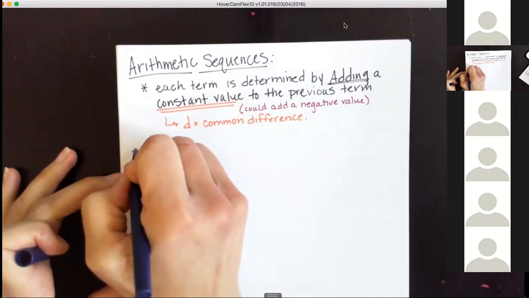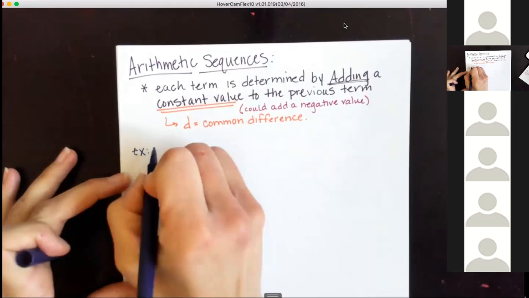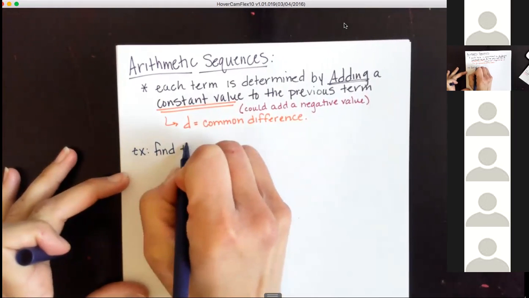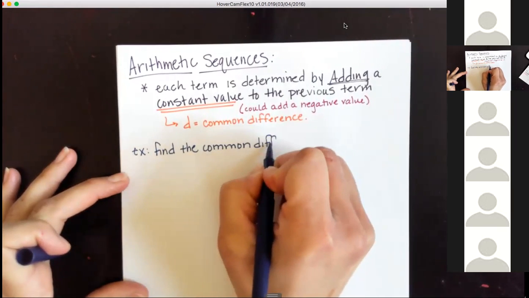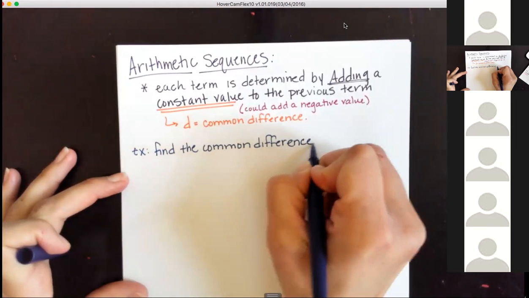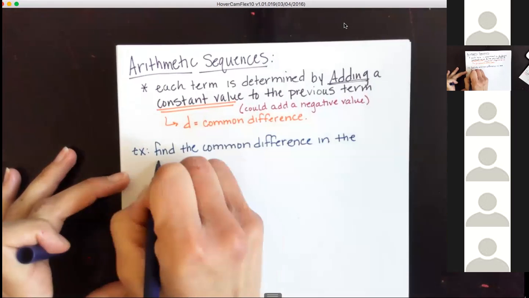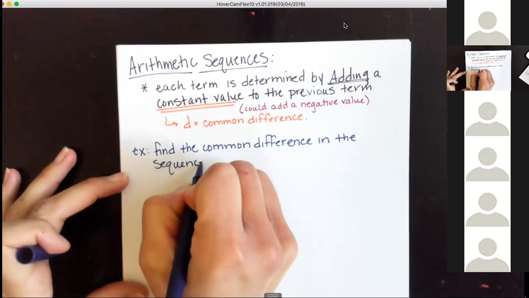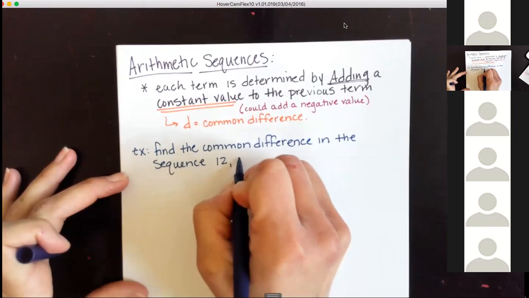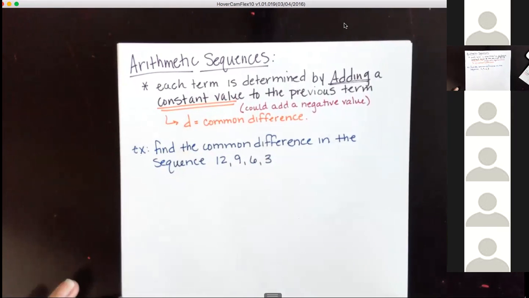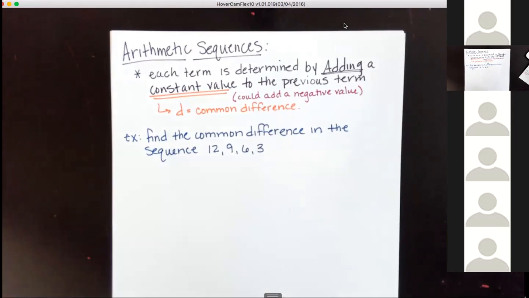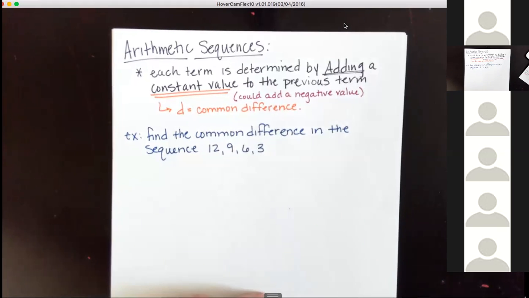So for example, first I want to point out, because this is something I took note to, when they ask questions, they're not going to tell you, because we're going to also talk about something that's called a geometric sequence, and that's when things are multiplied to move from one value to the next.